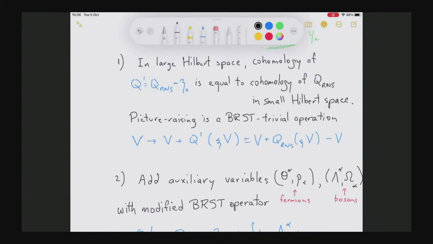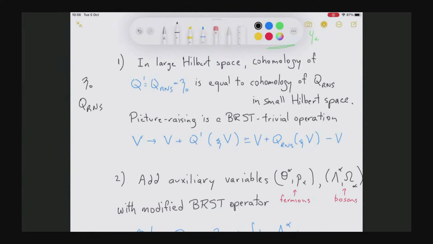Okay, so if we're in the large Hilbert space, then of course the BRST operator is not enough to define the cohomology. We need the state to be annihilated by both eta 0 and by QRNS if we're in the large Hilbert space.